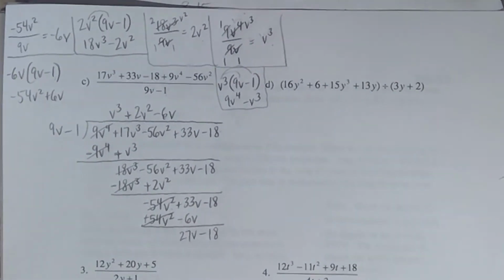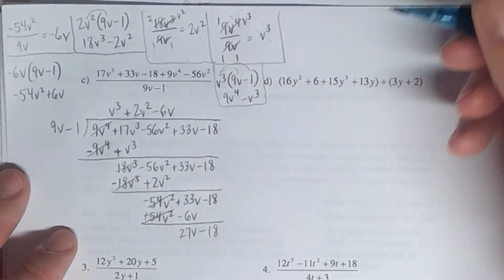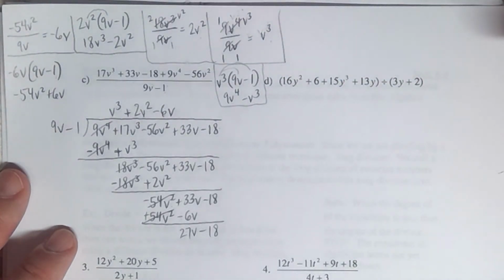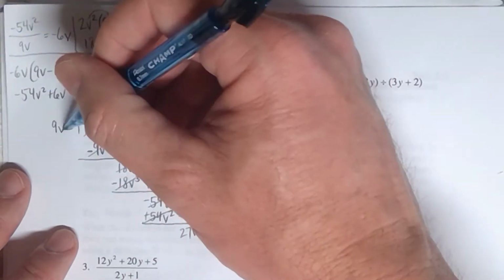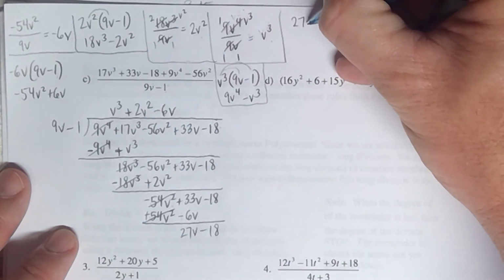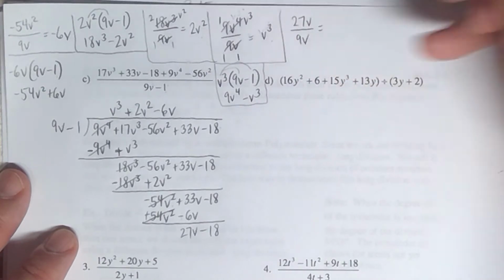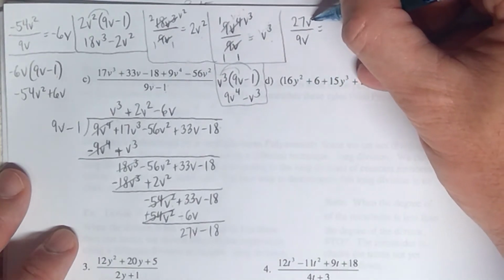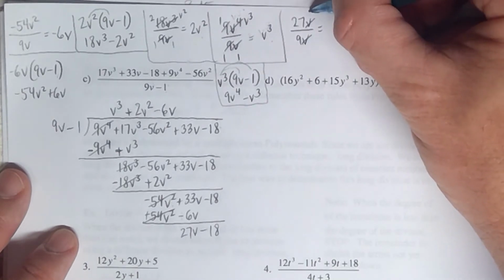Okay, but let me go ahead and do it, and then I'll show you why I know that it's done after that. Okay, again, first term divided by first term. 27v divided by 9v. What do we get? Remember, the v is the same exponent, v to the first and v to the first. So that's going to be 1 and 1 here.